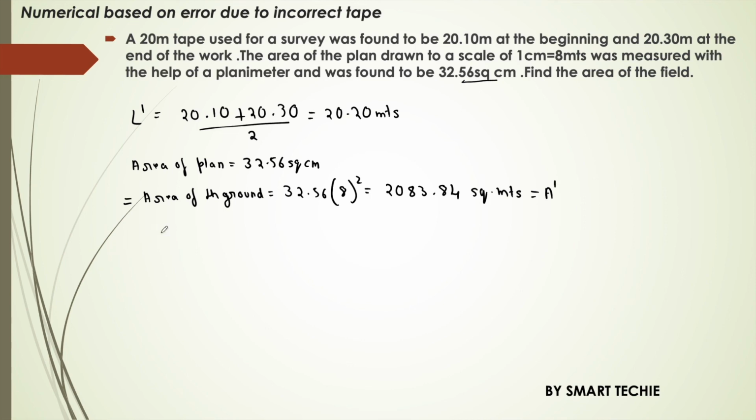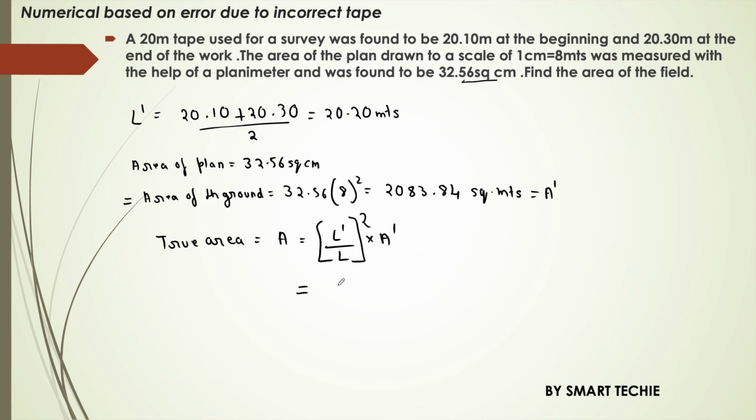What do I have? I have to find the true area. So what corrections do I have to make? A is nothing but L dash by L the whole square into A dash. This equation we have studied before, that is the correction for the area.